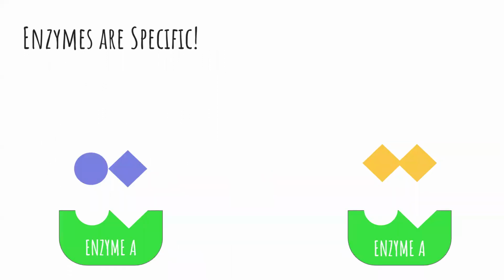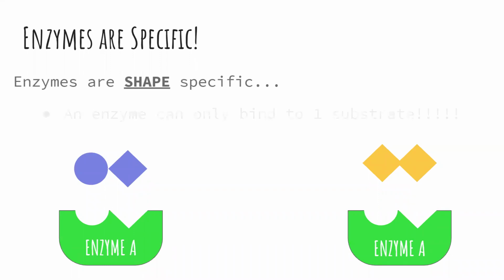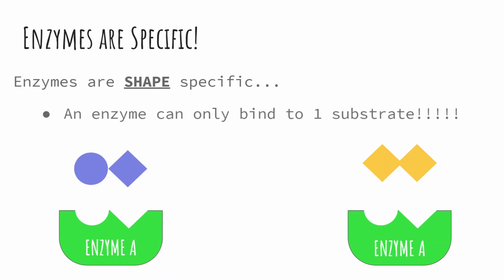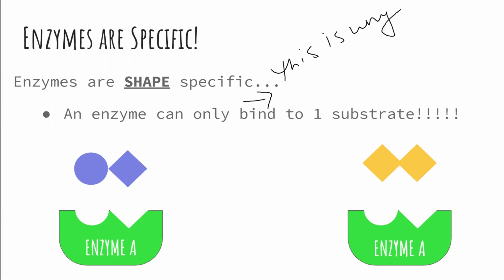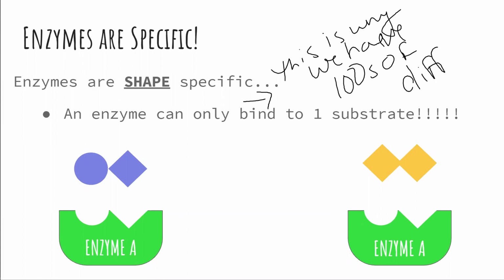Enzymes are specific, meaning that they are shape specific. That means that an enzyme can only bind to one substrate. That's why we have hundreds and hundreds of enzymes.